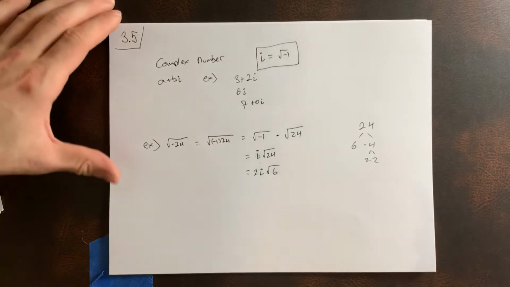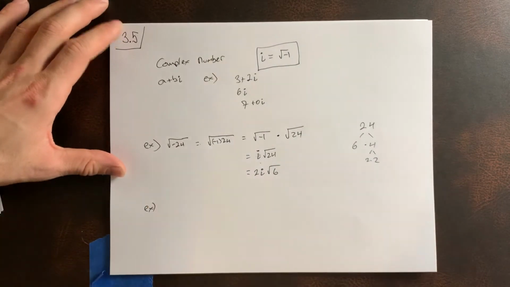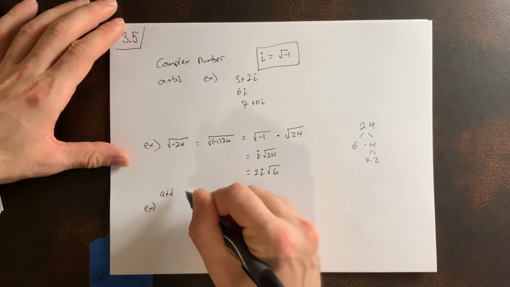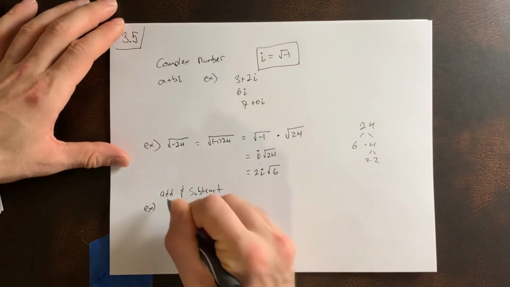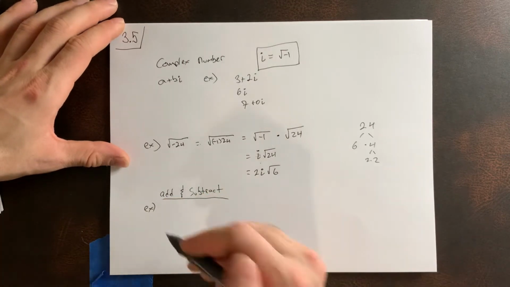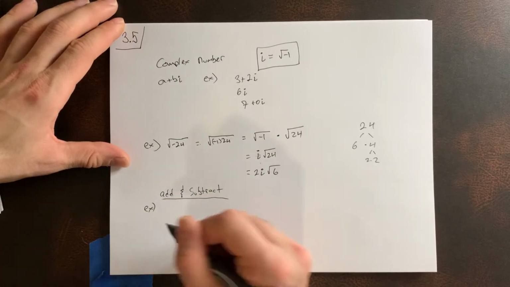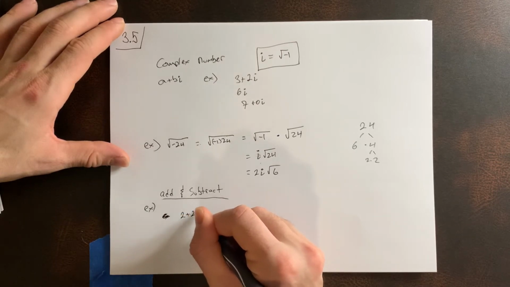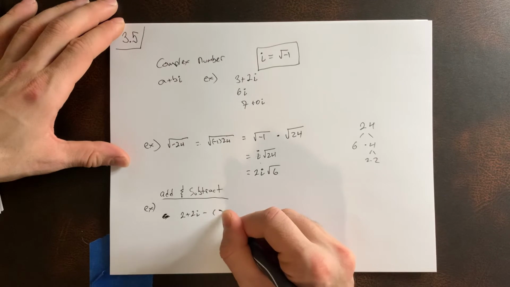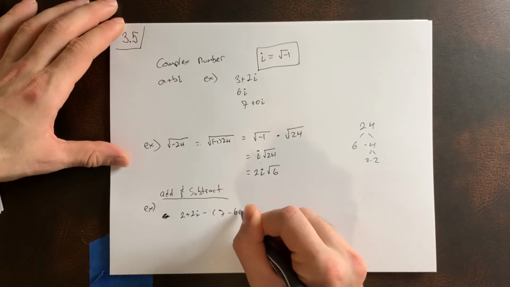Let's do a couple of examples of how we can add and subtract complex numbers. Let's say this first example: 2 plus 2i minus 7 minus 6i.